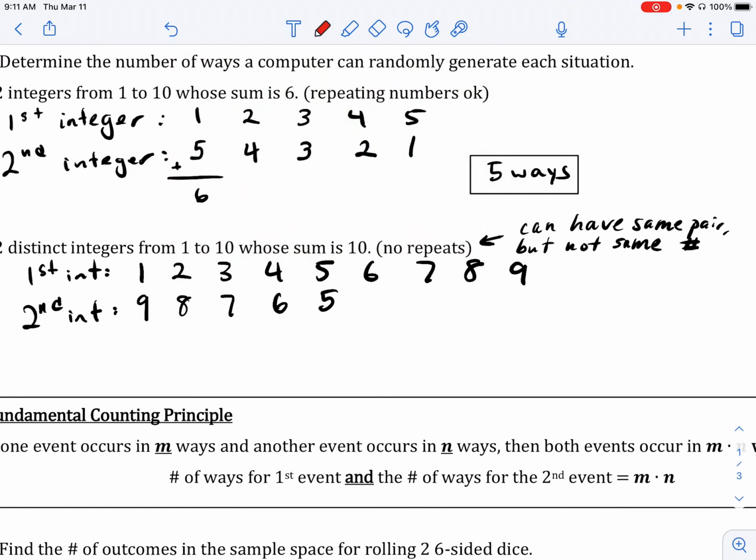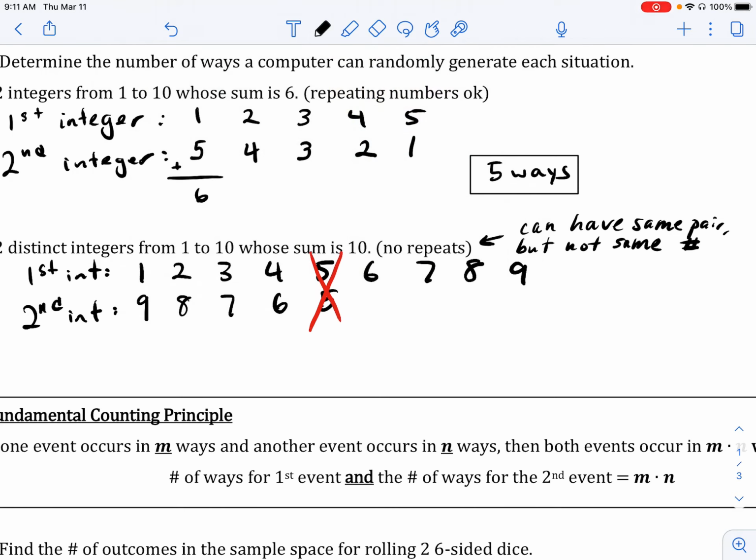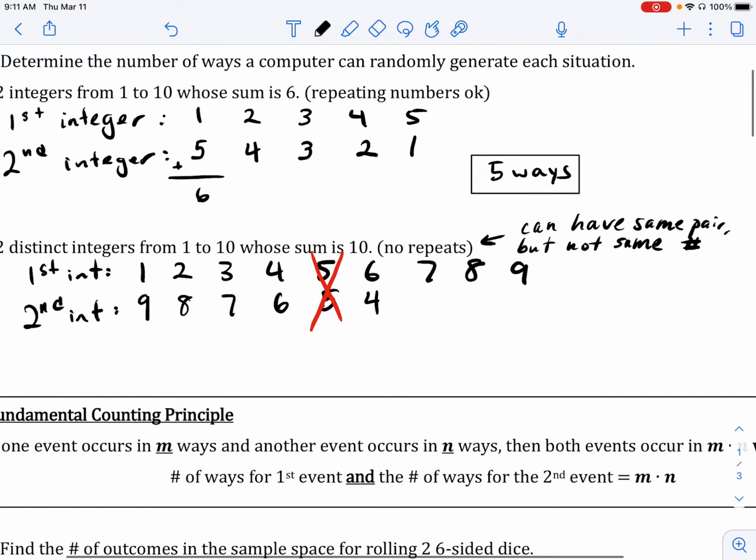Because both numbers are 5, we're not going to include that. So when it says no repeats, that's what it's referring to. We can have a 6 and a 4. We treat that differently from a 4 and a 6, because in that case the first integer was 4, and in this instance the first integer is 6. We have 3, 2, and 1. So how many ways do we have here? We have a total of 8 different ways that this can happen.